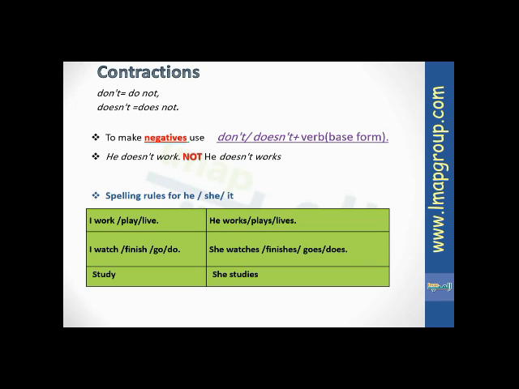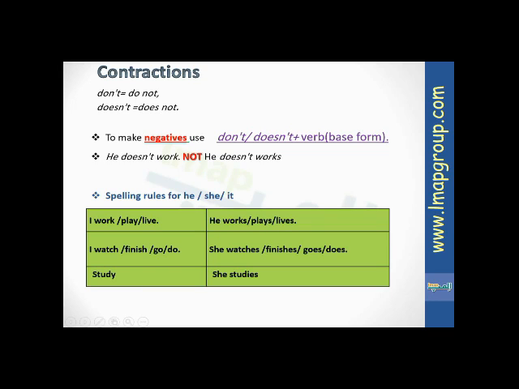I finish, she finishes. I go, she goes. I do, she does. I study, she studies. Okay? As I told you, whenever you had singular third person pronoun like he, she, it, you should add third person s to your verb. Okay?